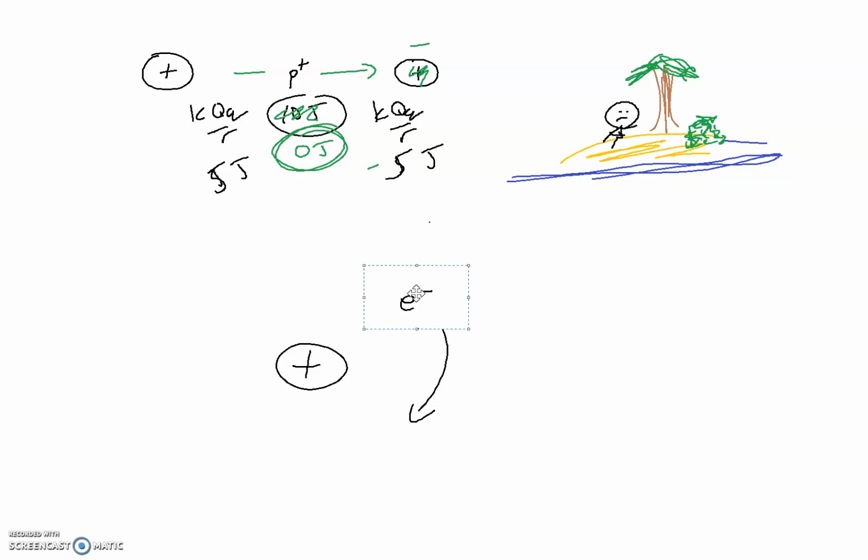Since its potential energy never changes, there's no work required to go around. That's why electrons can orbit and orbit, and you don't have to introduce energy to let them keep going around. Since their potential energy never changes, there is no work required for them to go around. So that's a neat application in terms of orbits.